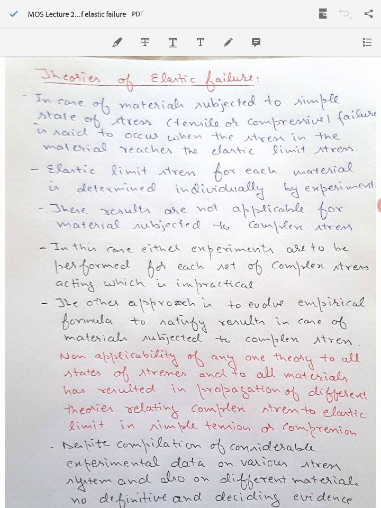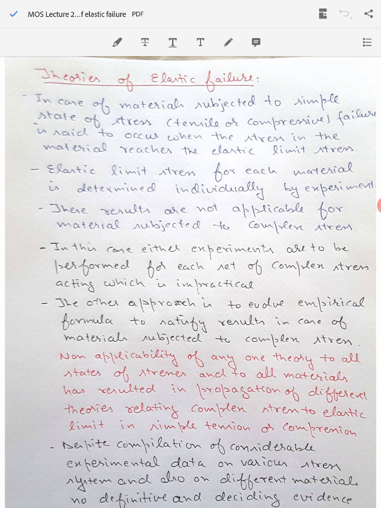Now we know when we do the tensile test, the component is stretched up to its elastic limit, and beyond the elastic limit, if the component is stretched, there is always a permanent deformation set into the material.